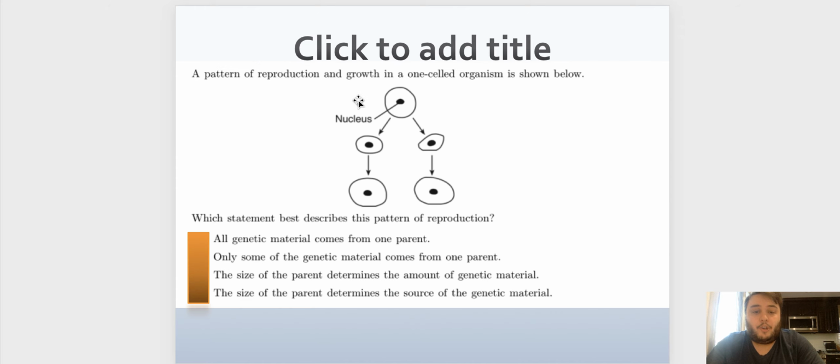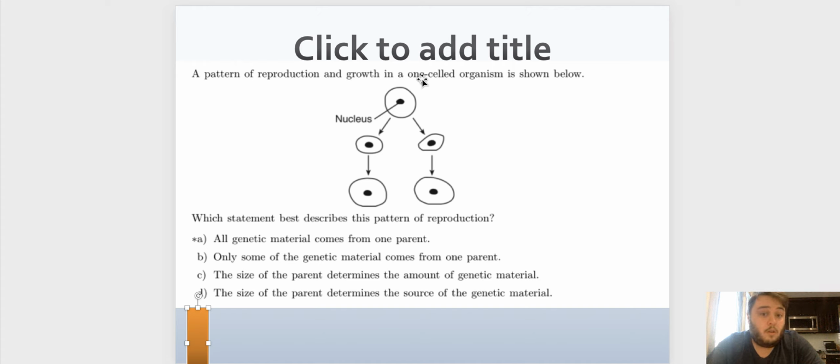A pattern of reproduction and growth in a one-celled organism is shown below, right here. Which statement best describes this pattern? Take a second, pause the video, see if you can answer it. The answer is A. All genetic material comes from one parent. This is cell division and growth in a unicellular organism.